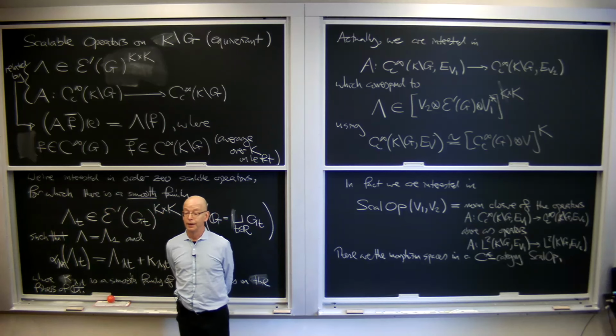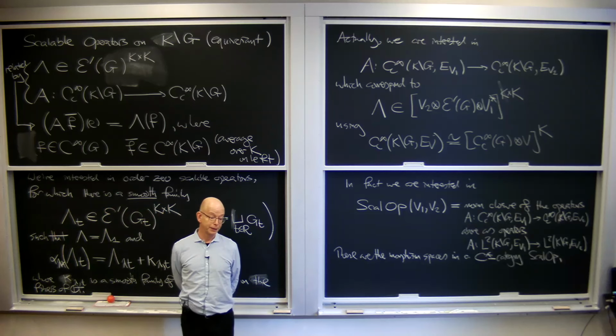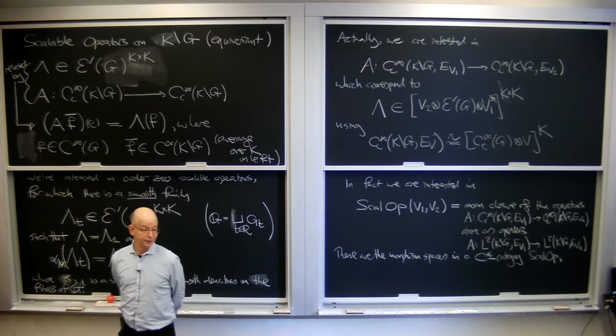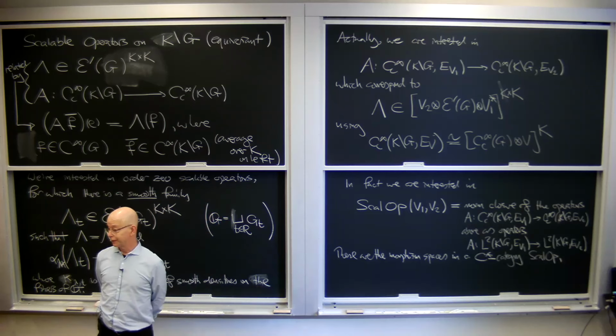It has only non-negative numbers in its spectrum. Some bright spark proved that about C-star algebras. If you have any abstract C-star algebra just characterized by that C-star norm identity, then the spectrum of a star a is contained in the non-negative real numbers.